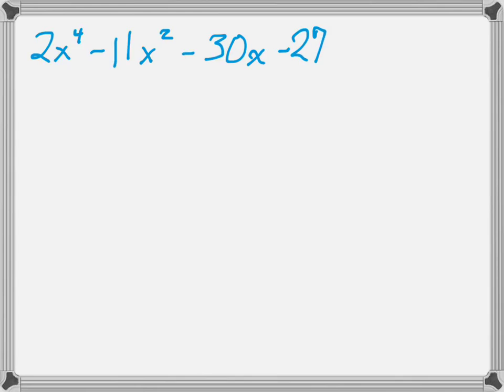So we are going to take this time the quotient of 2x to the 4th minus 11x squared minus 30x minus 27, and we're going to take that whole thing and divide it by x squared plus 2x plus 3.